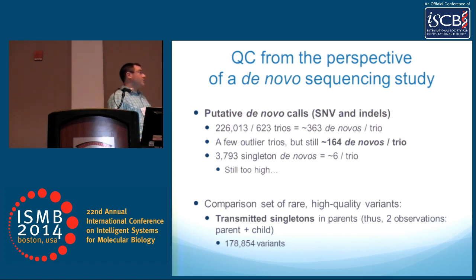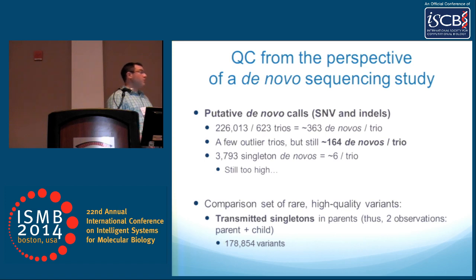What we actually did was use our own data set to QC these de novos. There were a few hundred thousand of these putative de novos, which are really just exquisitely enriched for false positives. We wanted to use our own data and sequencing metrics to compare to what we call the transmitted singletons. We have 600 trios, that's 1,200 parents, 2,400 chromosomes, everyone's diploid.